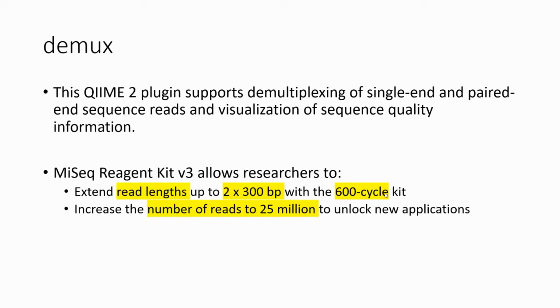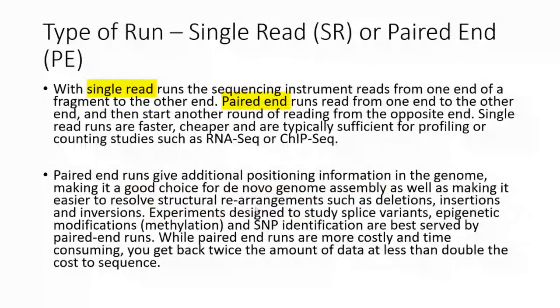So the total is 600 base pair. So it's called 600 cycle. All right, and each read can read the 300, and so the total number of reads could be up to 25 million.